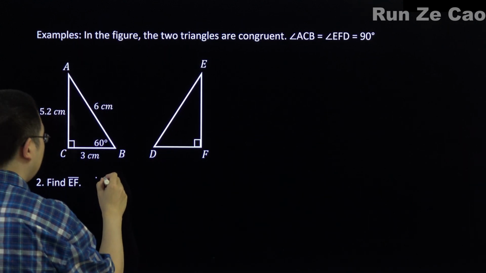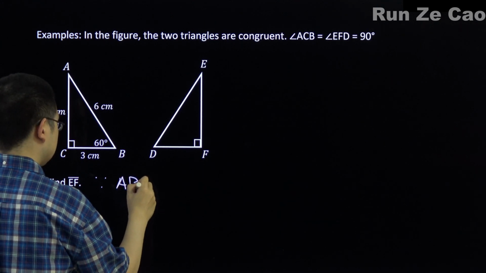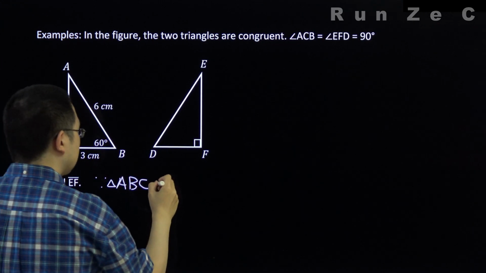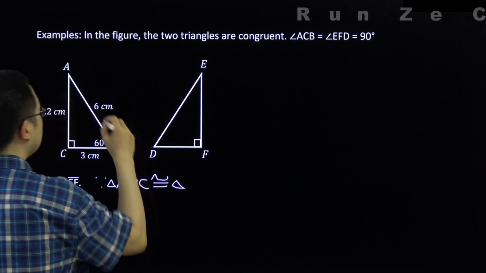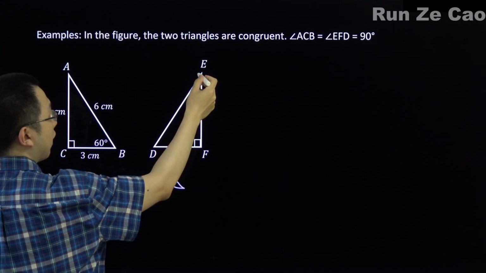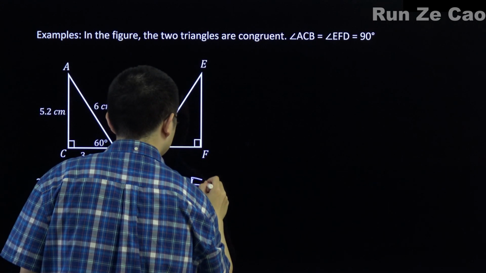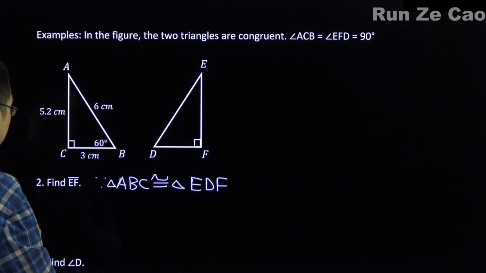So because triangle ABC is congruent to triangle, hey, we used ABC as our order. Here, the corresponding points are EDF. So it's not in the same alphabetical order, guys.